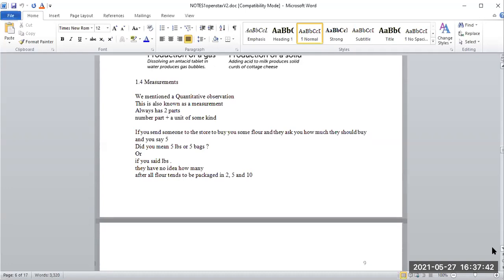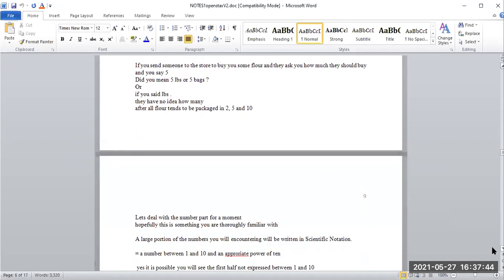So back to the flour idea. If you do shopping in a regular grocery store, usually flour comes packaged in this country in 2 pounds, 5 pounds, and some of the supermarkets carry 10 pounds. Of course, I also shop at Costco, where you can buy 25 and 50 pounds.